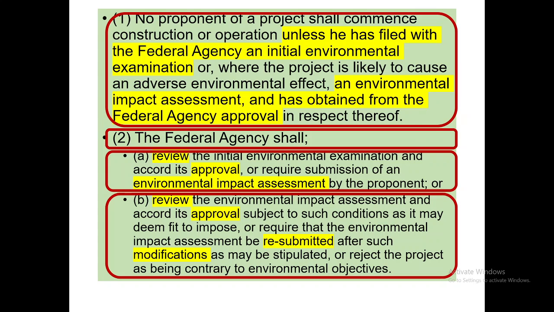So it will be reviewed, and if it is considered to pose some effect, then the EIA is supposed to be resubmitted after some modifications. So if there is still some deficiency in the report, if it is going to have an impact on the environment, then it is necessary to submit the EIA report.